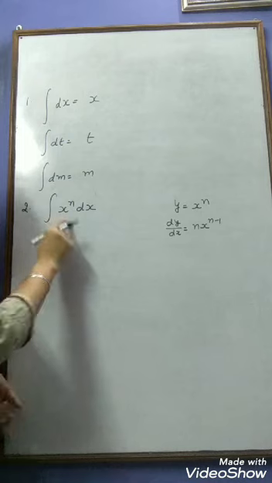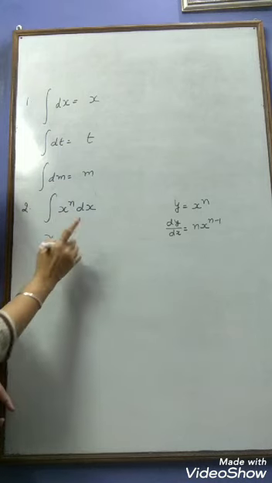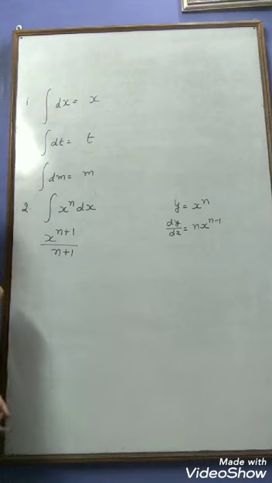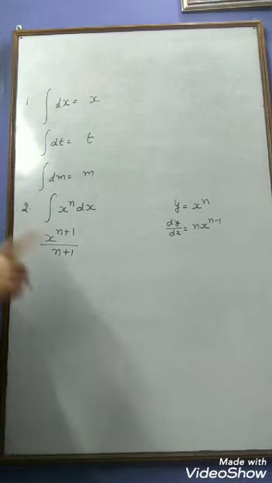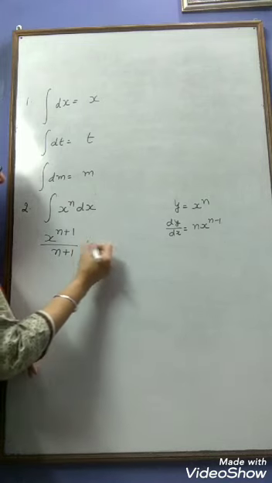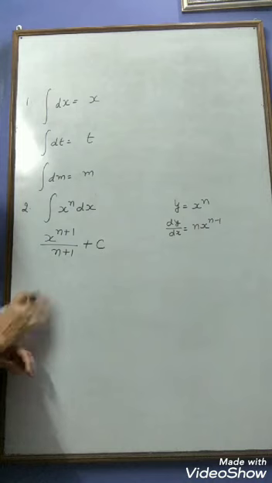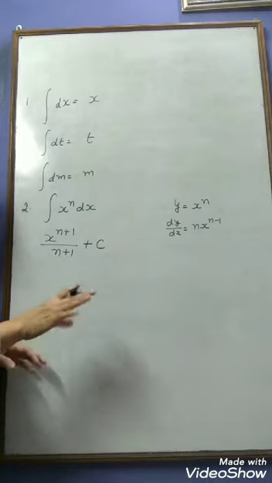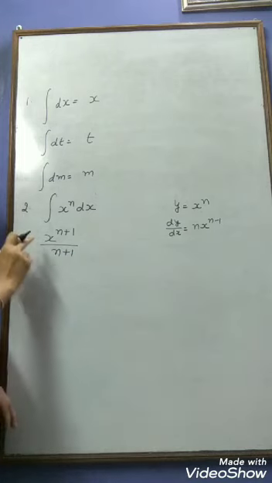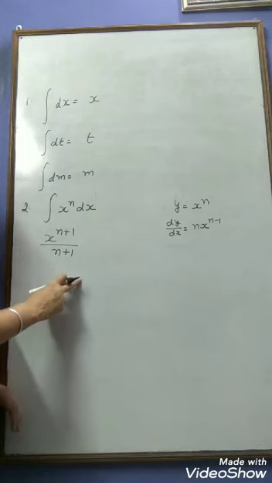How do we write this formula? For integration, it is x^(n+1) upon n+1. And in mathematics, we also write the constant of integration. This is a mathematical term, but in physics we don't use this constant of integration. We just write x^(n+1) upon n+1.